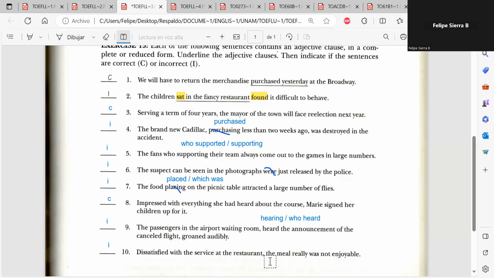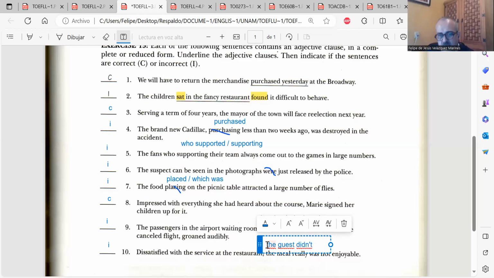We have to change this, like the passengers, or just the passengers at the restaurant, the guests. We have to say the guests dissatisfied with the service at the restaurant didn't enjoy the meal.